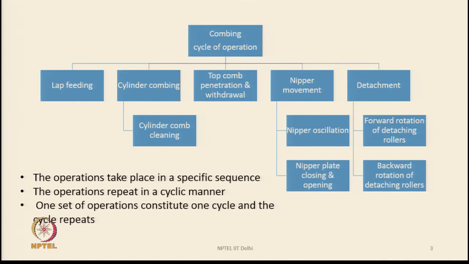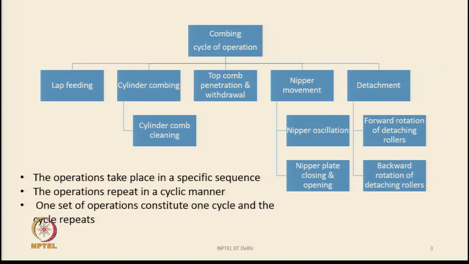Other than this, under cylinder combing we have another operation called cylinder comb cleaning, that the cylinder comb consists of a large number of needles on its surface, and the needles get filled up with a lot of fibers, and you have to clean them also.